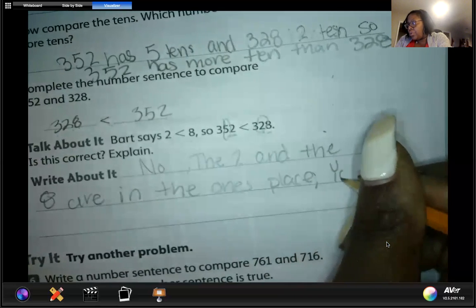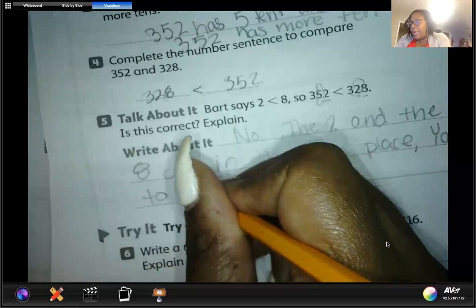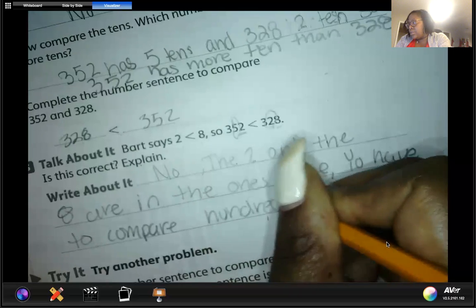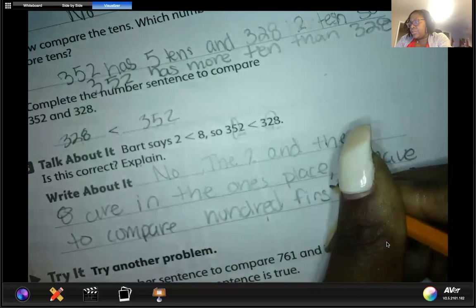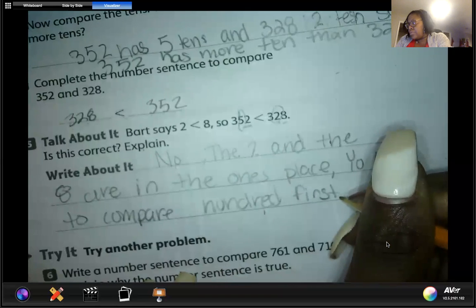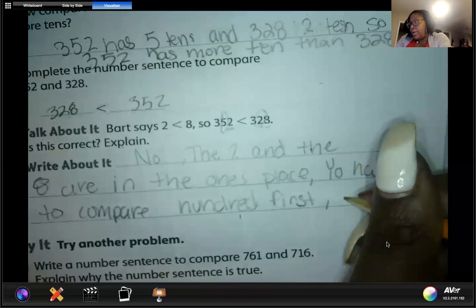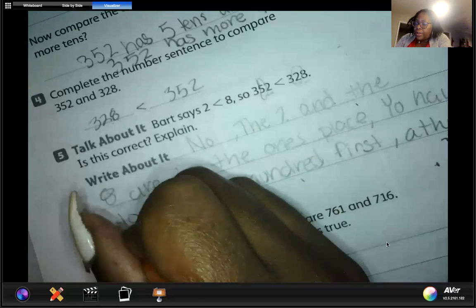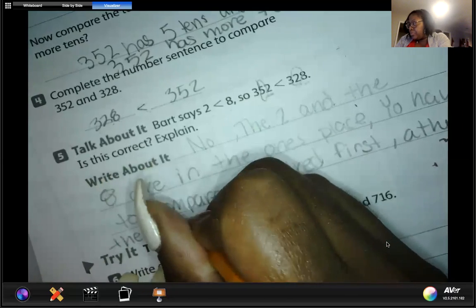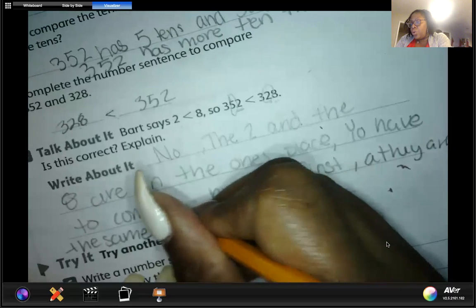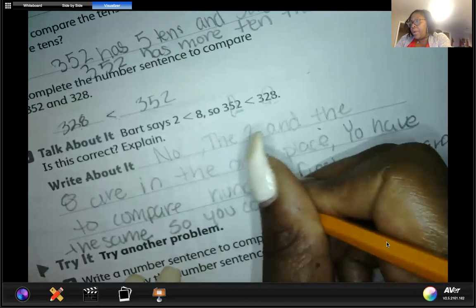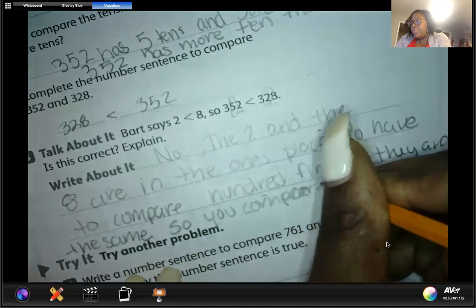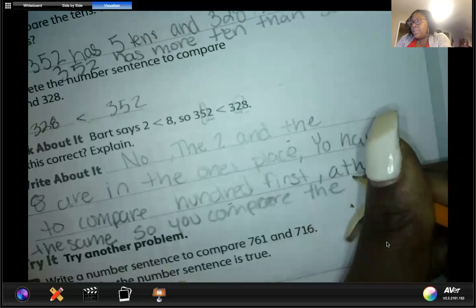You have to compare hundreds first, and they are the same, so you compare the tens.